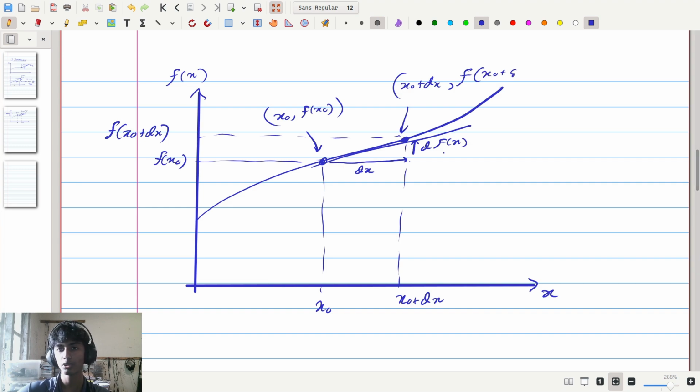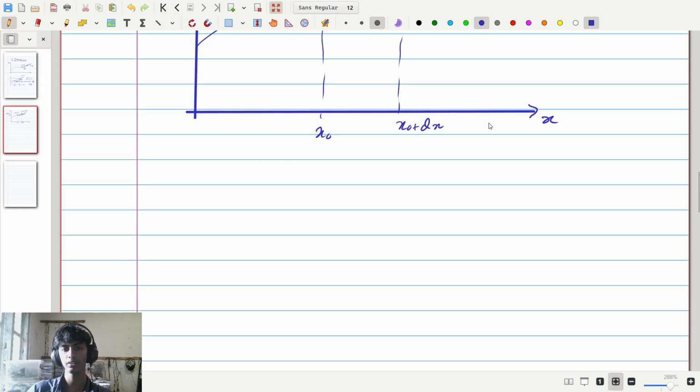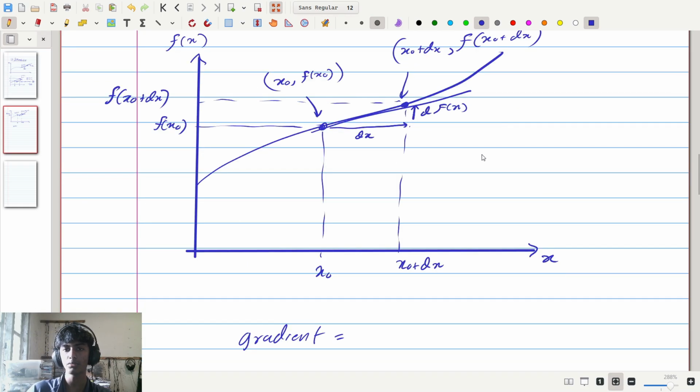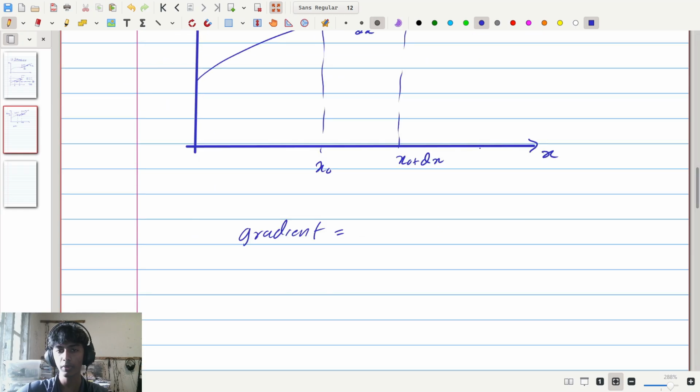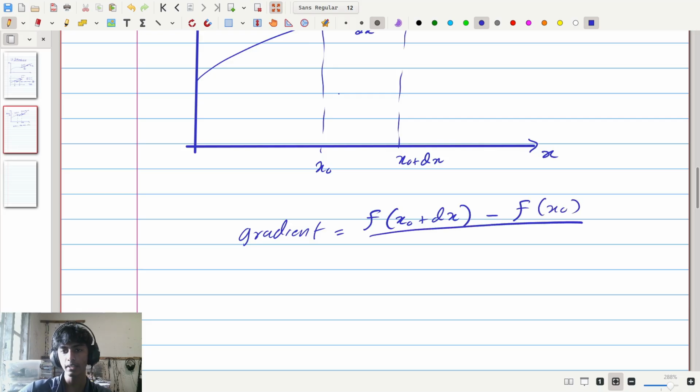So therefore, the gradient we're interested in is the change of the y coordinate, which is f of x0 plus dx, minus the initial y coordinate, which was f of x0, divided by the change of x.